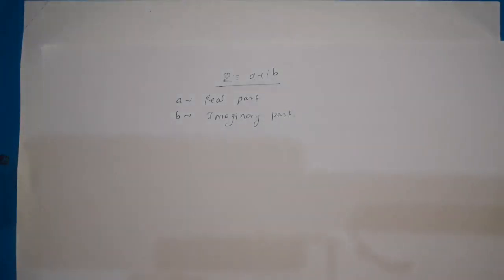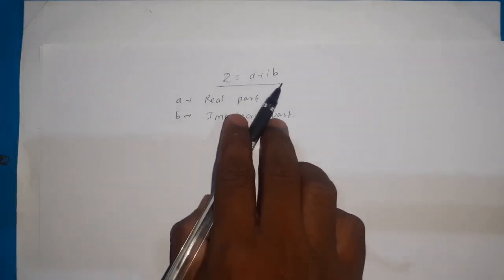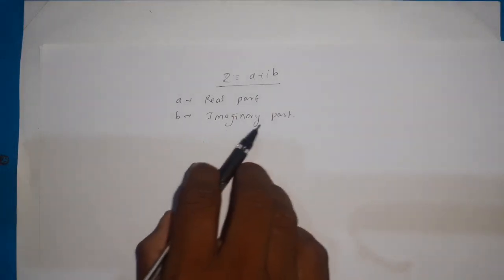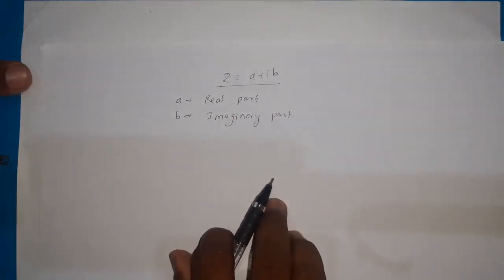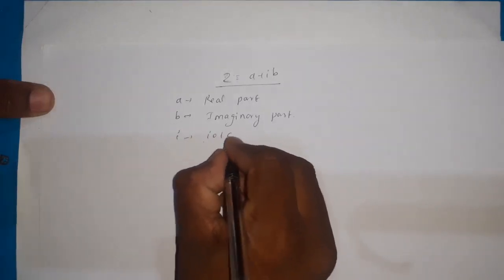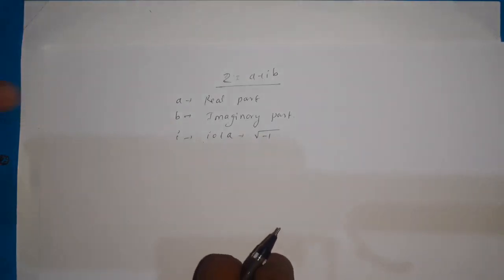right? So in the number z equal to a plus ib, a is the real part and b is the imaginary part, and i is called iota and its value is square root of minus 1.